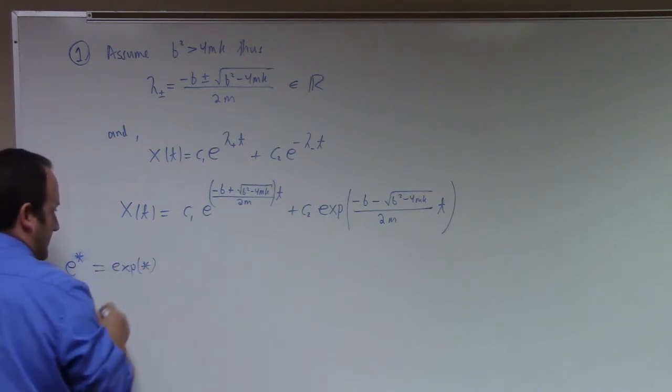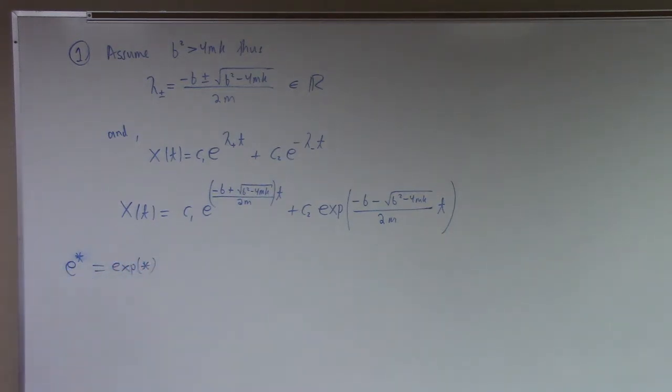These are just different notations for the same function. There are people who make a formal distinction between these two notations, but I am not one of those people. I just like to use exp sometimes because it helps me to not write things as a giant, awkward superscript.